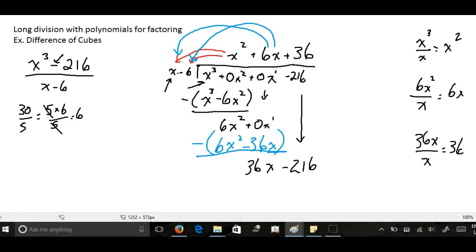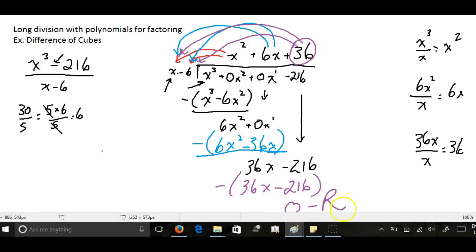And let's do that in another color. 36 times x, 36 times minus 6. 36 times x is 36x. And 36 times minus 6 is minus 216. Now we do subtraction. 36x minus 36x, 0. Minus 216 minus minus 216 is minus 216 plus 216, which is 0, and that is our remainder.